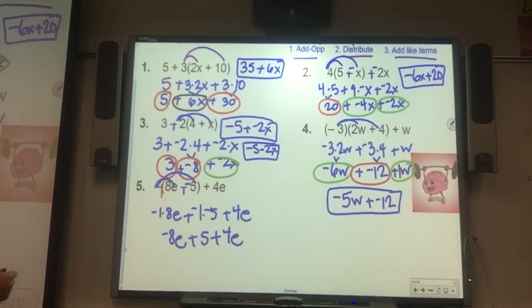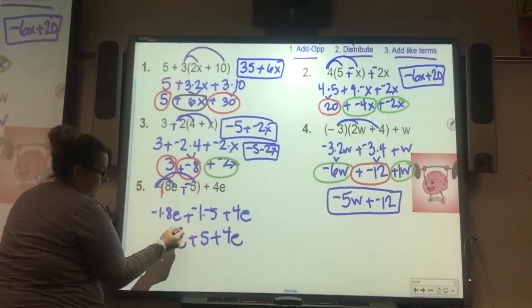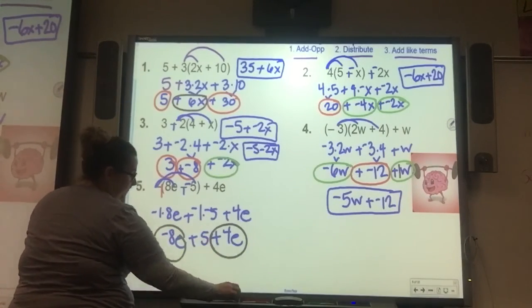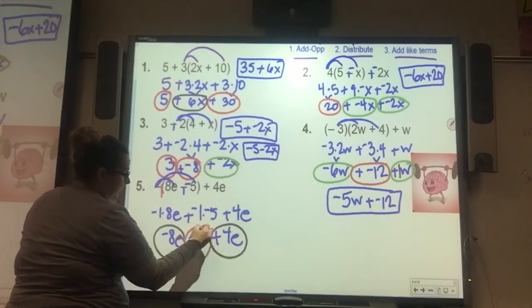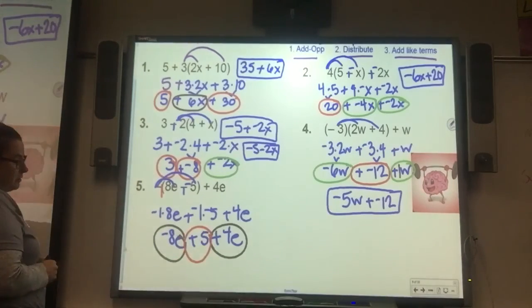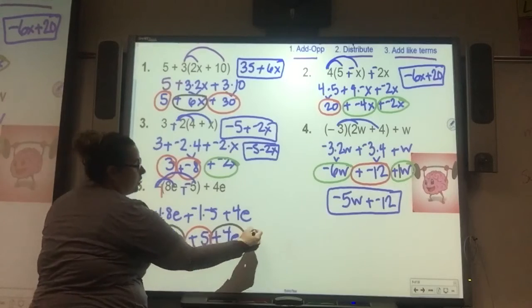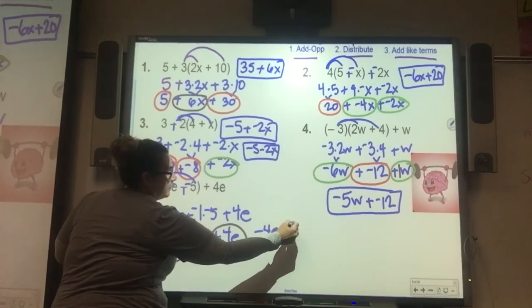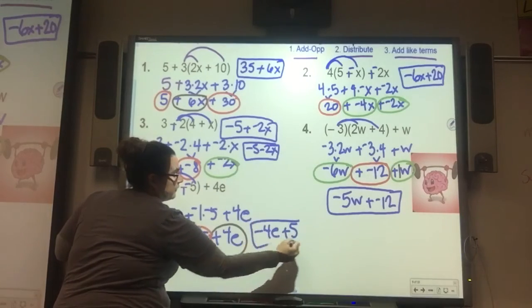Now we can go ahead and combine our like terms. Negative 8e plus 4e and plus 5. Negative 8 plus 4 is negative 4e plus 5.